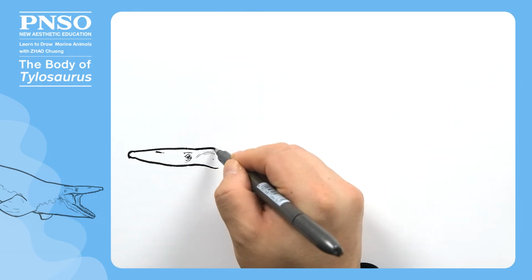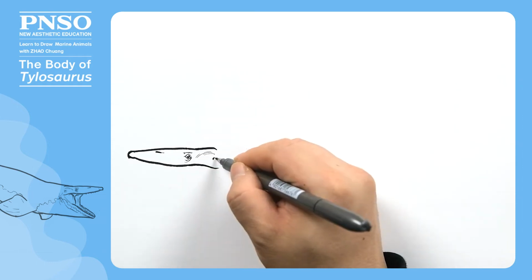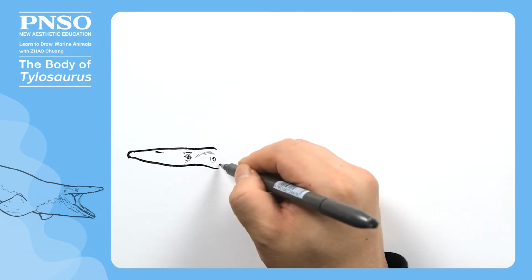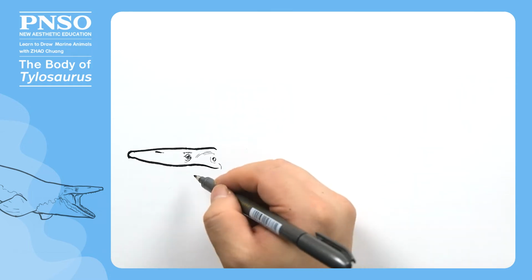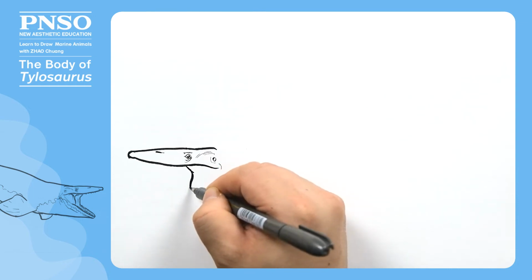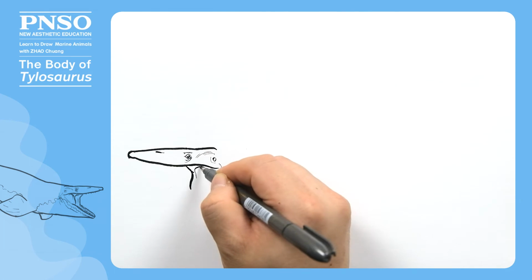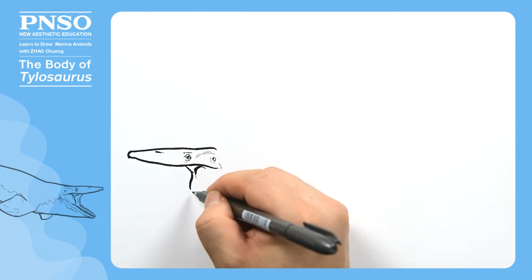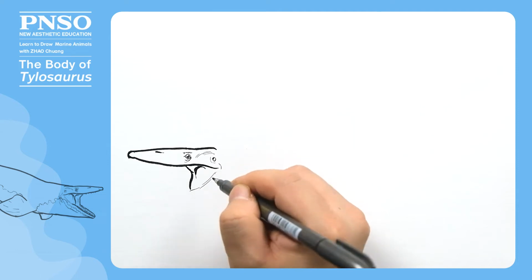Let's draw the back part of its head, where there was a small eardrum. Next, we draw the muscles next to its mouth. There was a hole here. Then we draw its lower jaw.